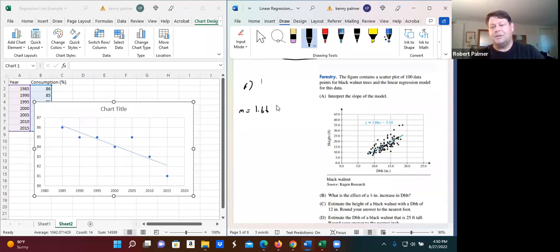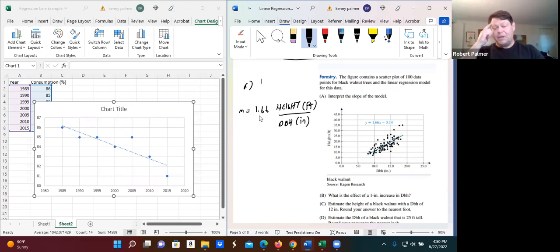And this is basically the height in feet divided by this diameter breast height in inches.